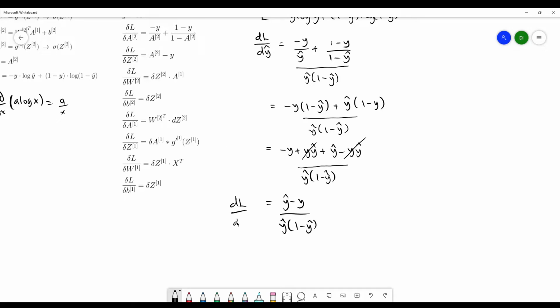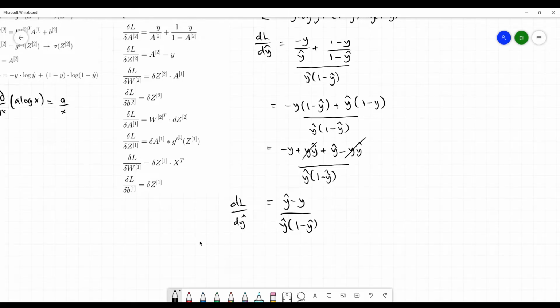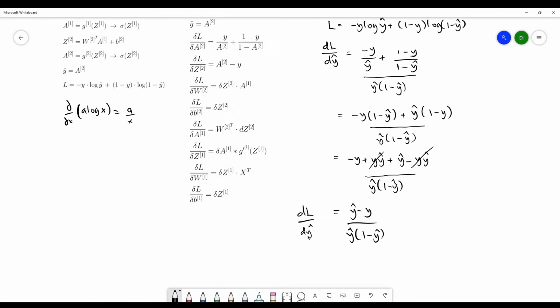So dL/dy hat. And like we've said, y hat is really the same thing as a2, and so this is the same thing as saying dL/dA2 equals minus y over a2 times 1 minus a2, but this is a stretch.